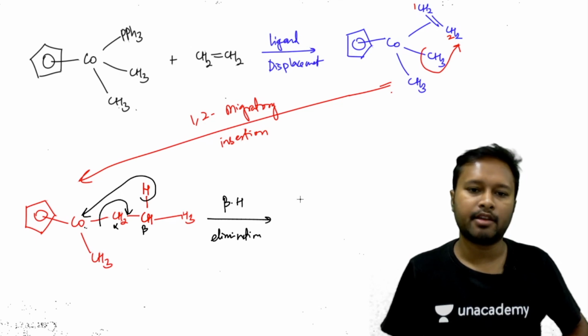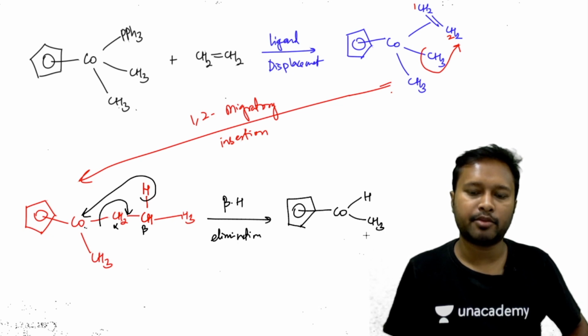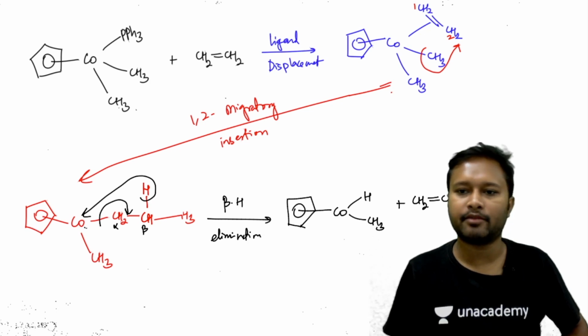In the same way, the reaction is going to happen here as well, and I'm going to have CO, with H and a methyl group, and along with that the other byproduct which has formed is CH2 double bond CH3. So propene is what has been formed.